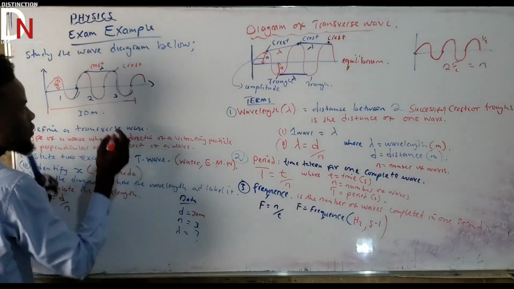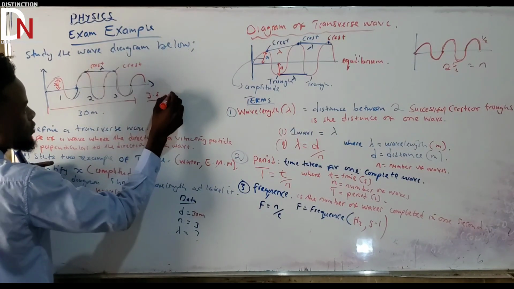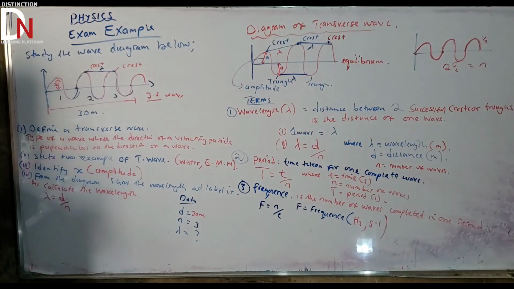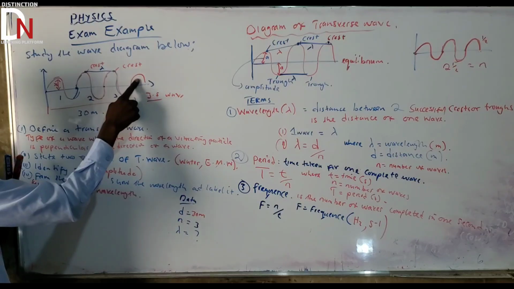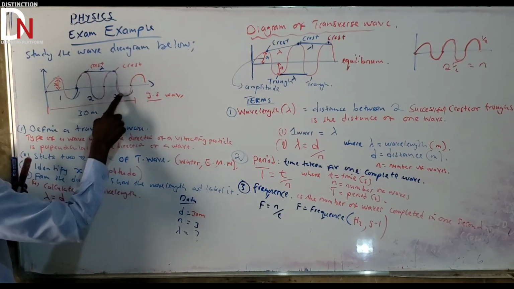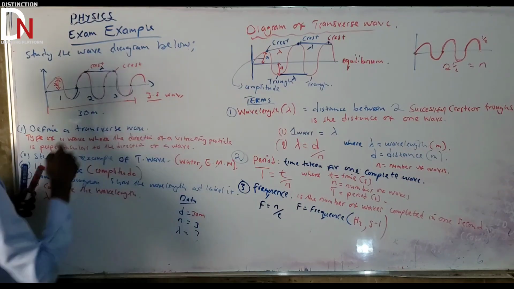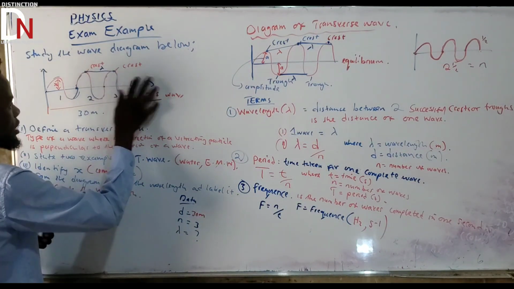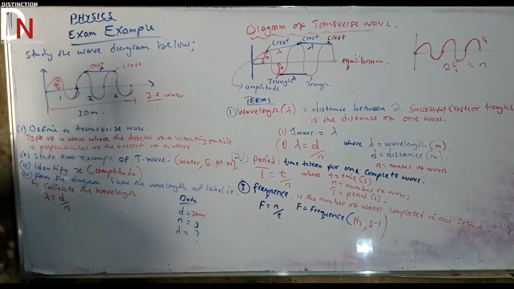If I was to end here, we are going to say this is 3.5 waves. If it's not making a complete S, it's a 0.5. Then 3 plus 0.5, you are going to get 3.5 waves. But basically our question is just ending at 3 waves. Then you can continue.